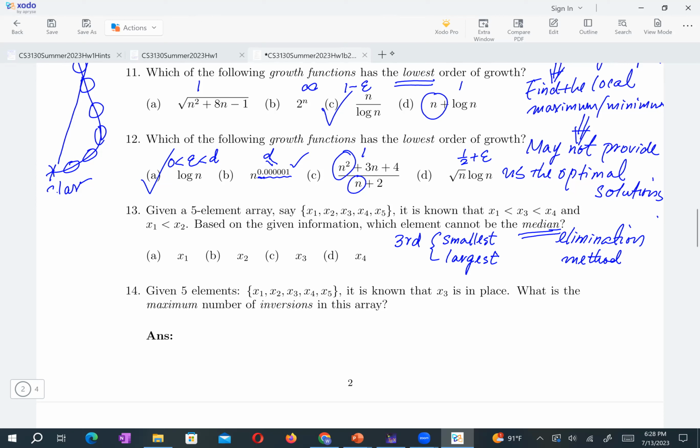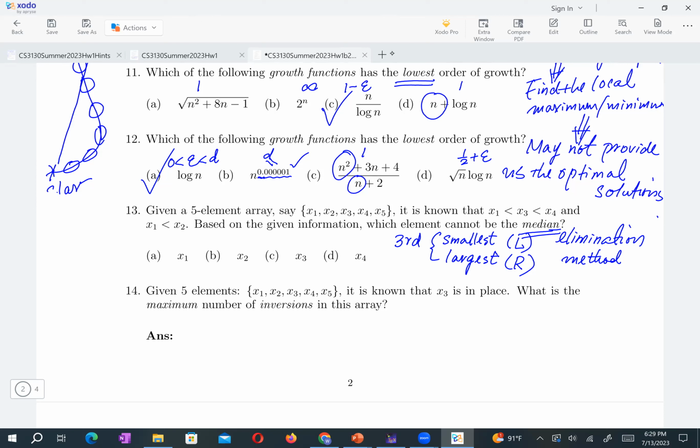This view is important. From the left end counting, third smallest; from the right end counting, third largest. Because if you look from both directions, then you can get a better result.